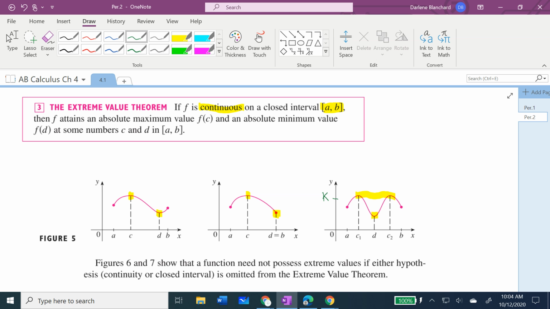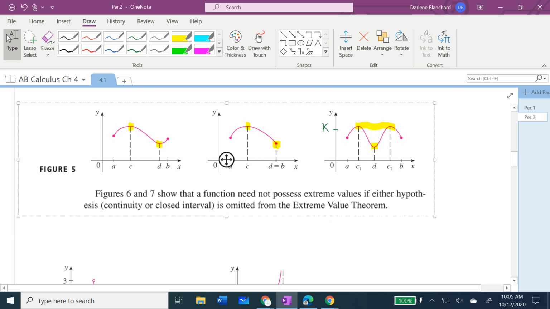And if you look at these 3 pictures, do you see that places where you have relative maximums and minimums are contenders for being an absolute? Do you also see that endpoints of an interval are contenders for being an absolute? That's very important in tonight's homework.